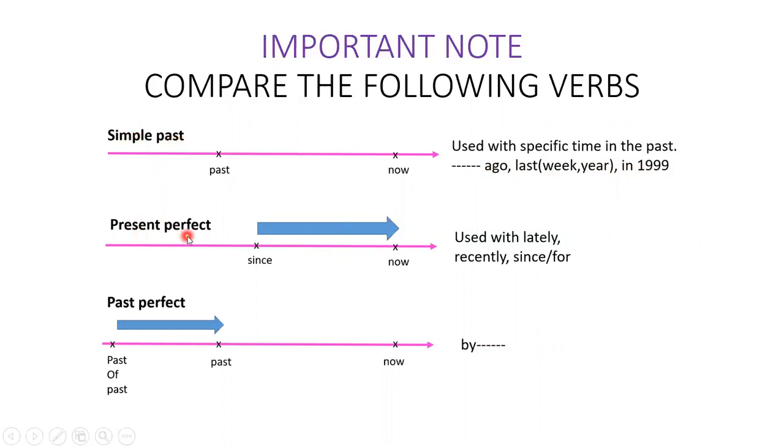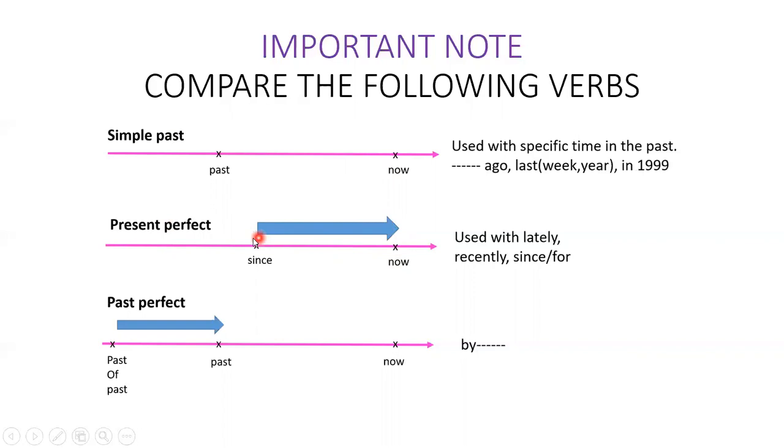The present perfect is similar to the simple past in that both of them happen before now. But what is the difference? The present perfect happened before now or in the past, but there is no specific time to mention when it happened. We only know that it happened before now and it has continued up till now, or that its effect has continued up till now.